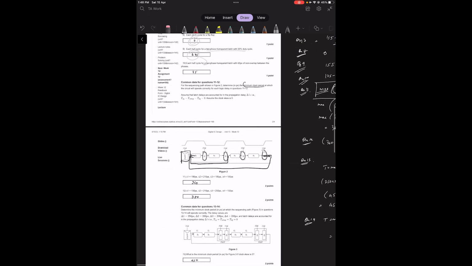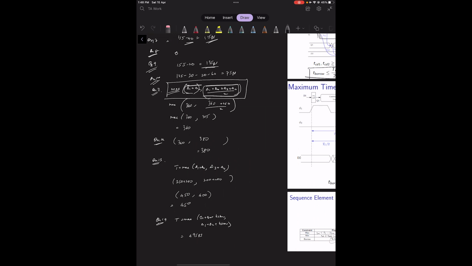So the first loop has delta 1, delta 2, that's why we say delta 1 plus delta 2 is the time. The second loop is delta 1 plus delta 2 plus delta 3 plus delta 4 by 2. Why? Because this is what we declare as the T clock, right? Yeah. So that's question number 11.